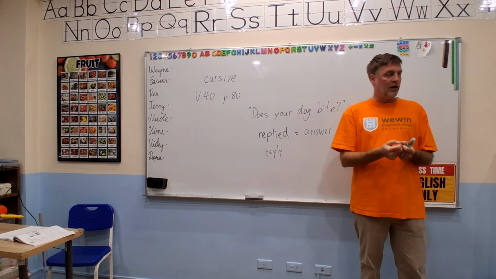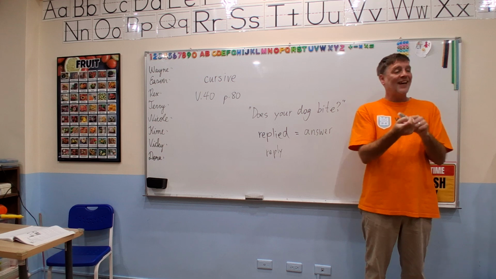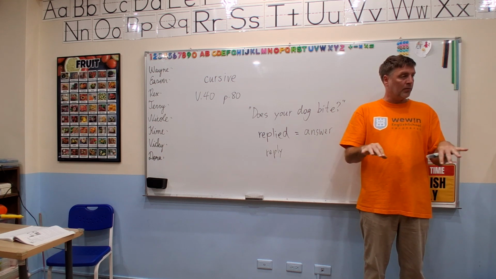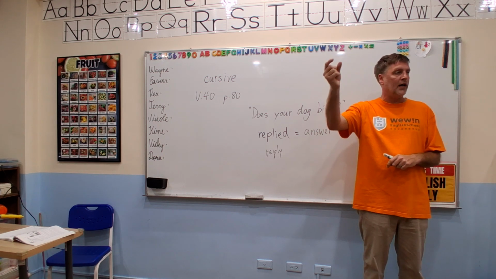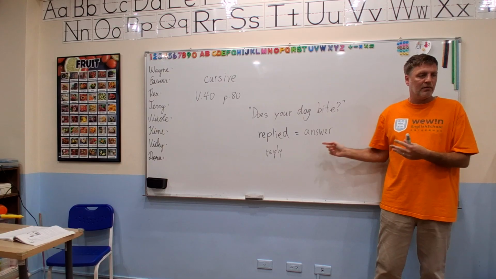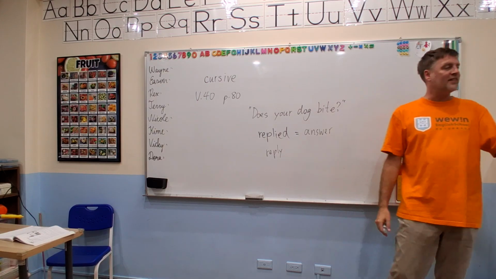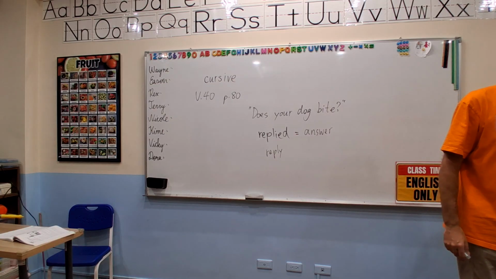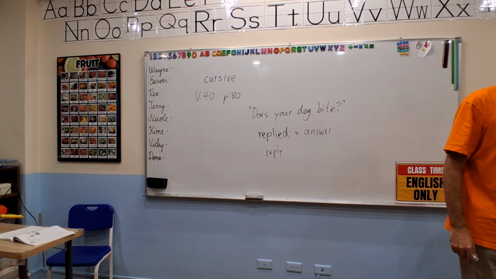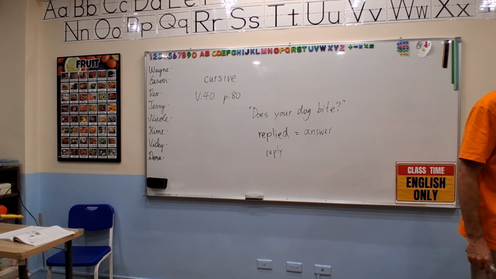But when you write a text message or an email on your computer, you always have the chance to reply. It won't say answer, but it's the same thing. Reply. If I ask you, what's the date today? What's your reply?